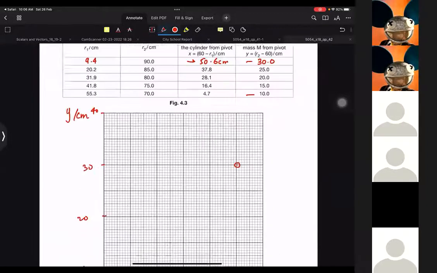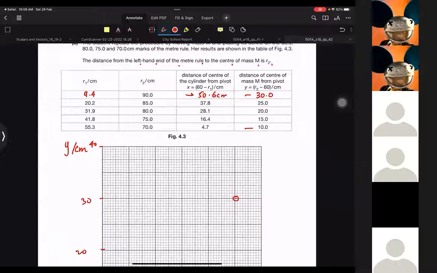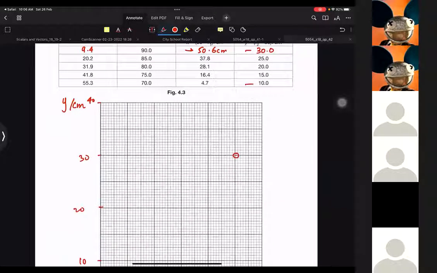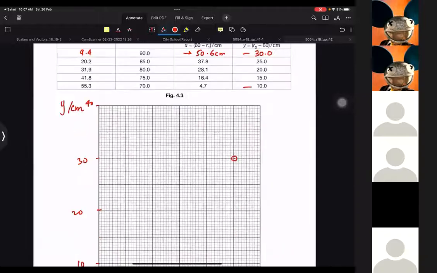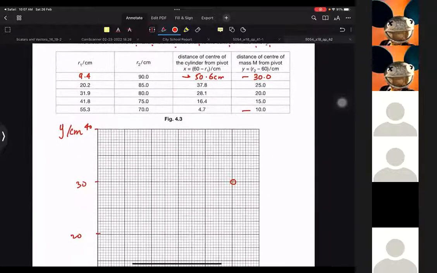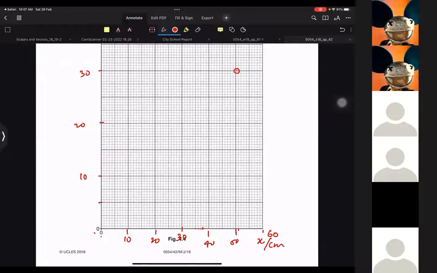Then the next one is 37.8 and 25. 35, 36, 37.8, so right here, and 25, somewhere here.